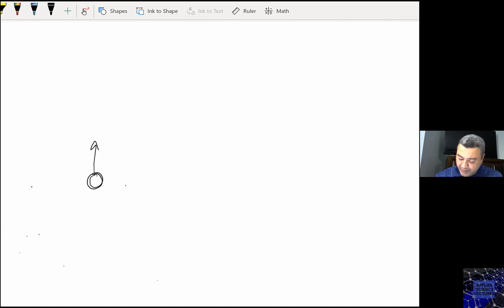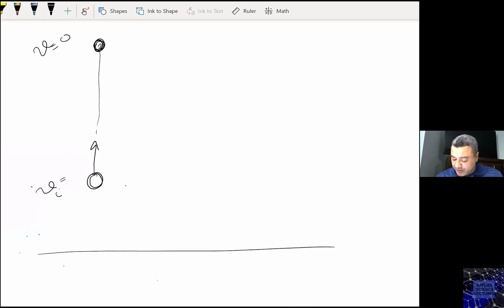It's going to go up all the way until it reaches a point where this speed becomes 0. So when you give it an initial speed here, basically it leaves that point with a specific kinetic energy, and let's assume that this is the ground.